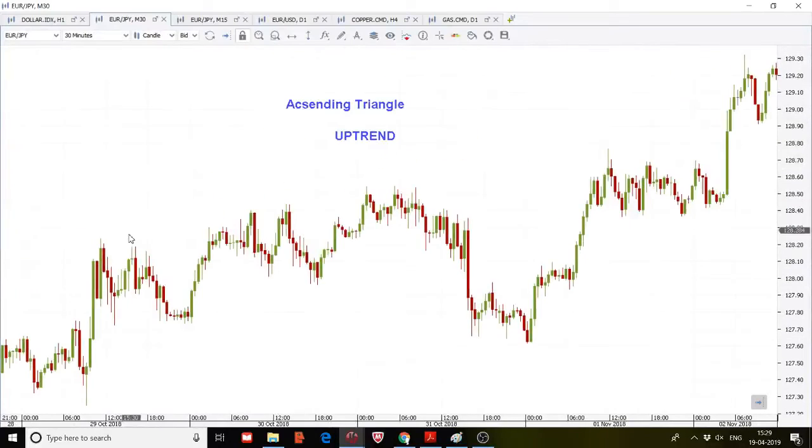Now our job is to find the ascending triangle, and in that triangle we should get a series of lower swing lows and higher swing highs, exactly opposite to the contracting triangle.